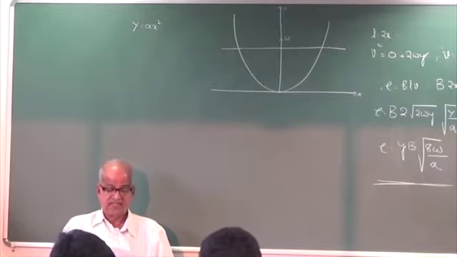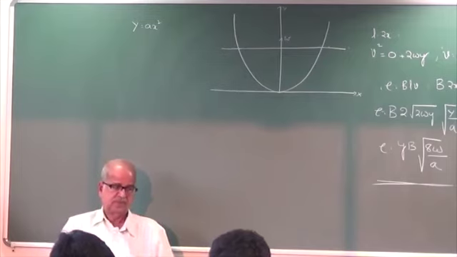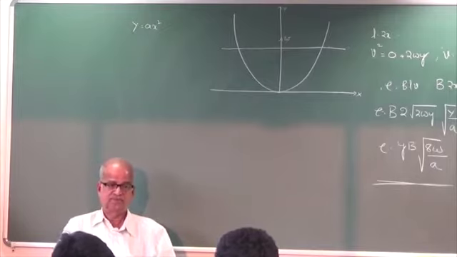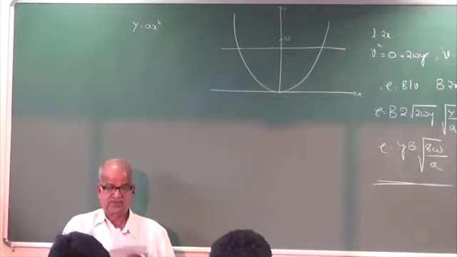Find the instantaneous current induced in the rod when the frame turns through pi by 4 radians.